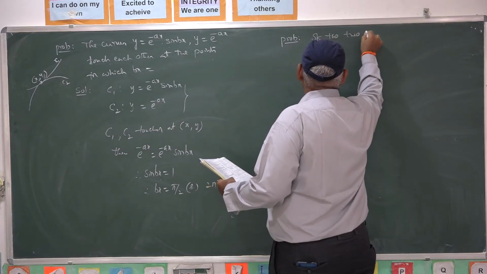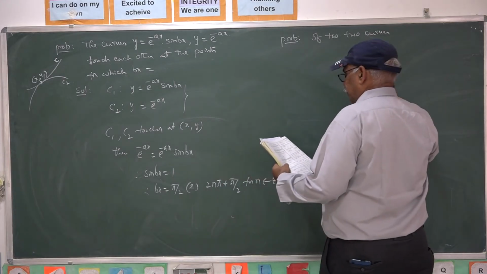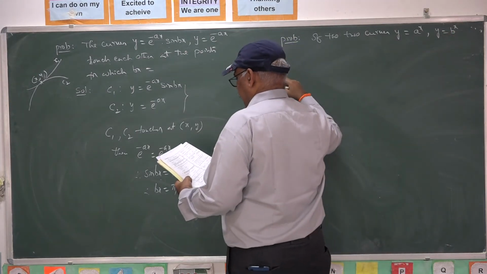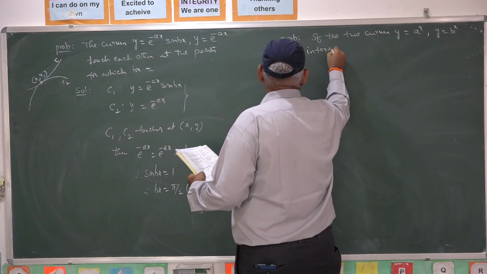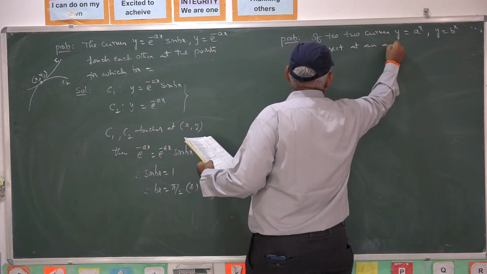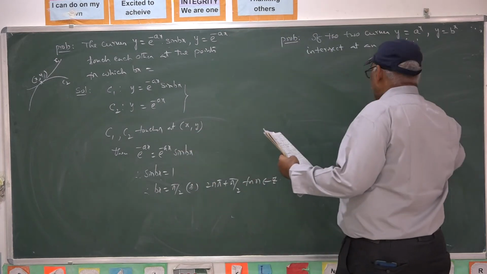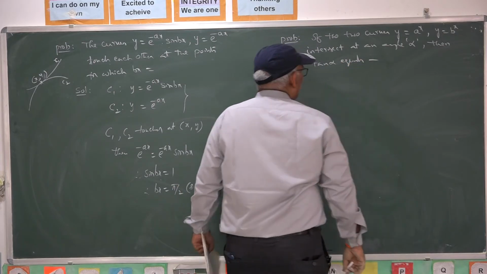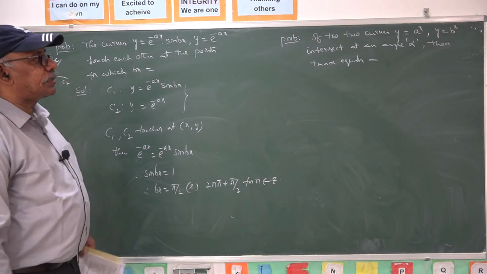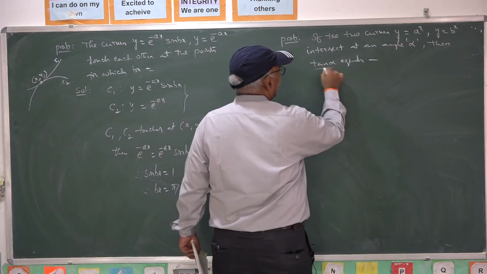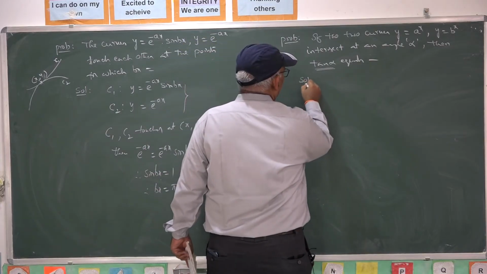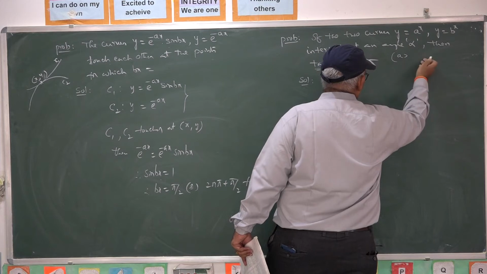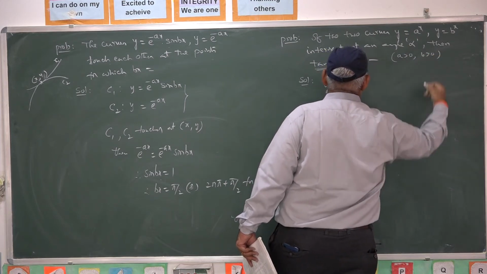If the two curves y equal to a power x and y equal to b power x intersect at an angle alpha, then tan alpha equals what? Here both a and b are positive, a positive and different from 1 of course, and b also positive.